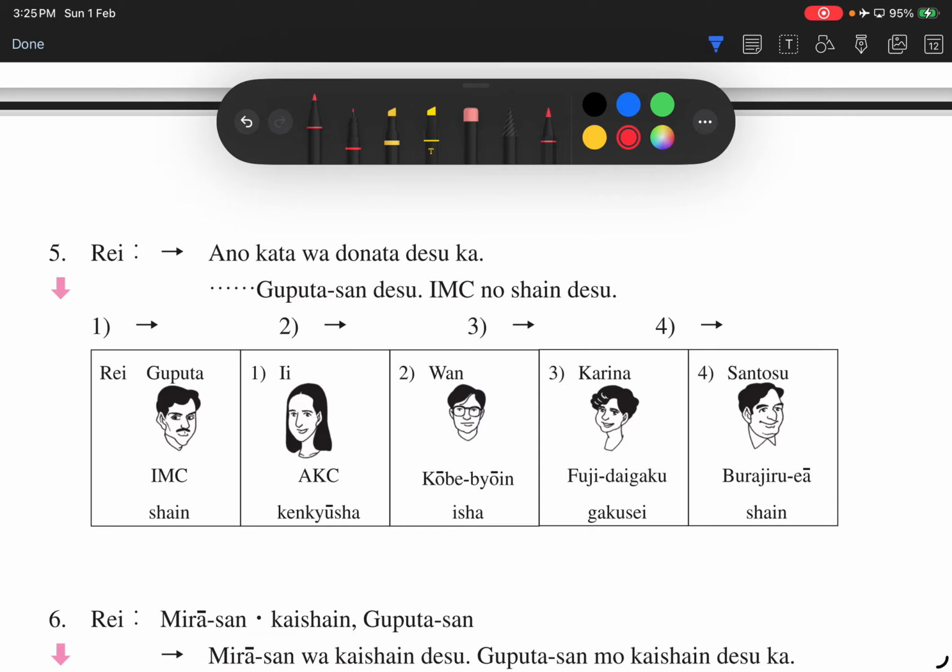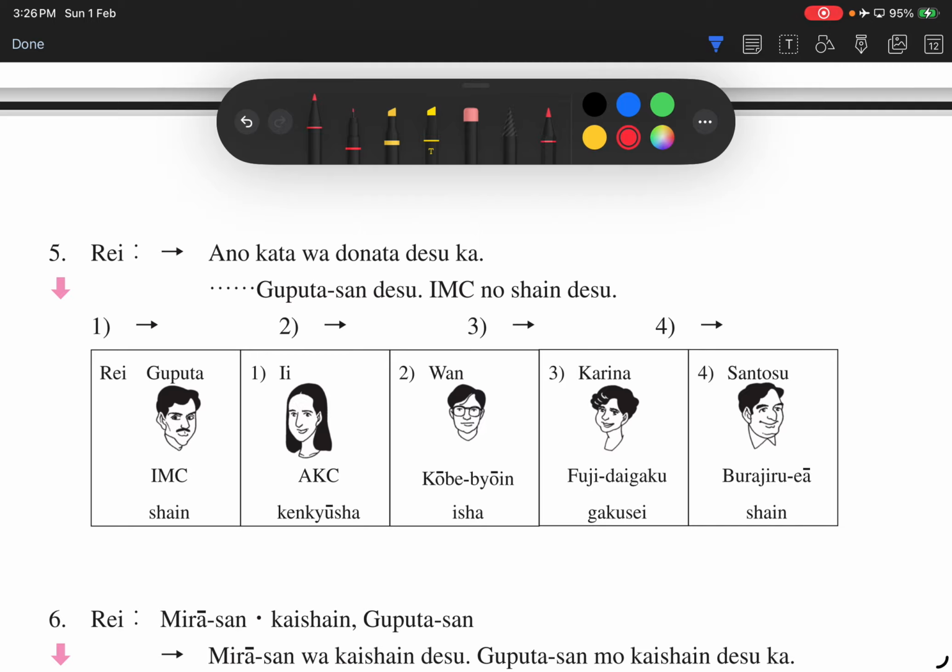Okay, number 2, ワンさん. あの方はどなたですか? ワンさんです。神戸病院の医者です. Okay. Yeah, that's okay. Okay, next one.